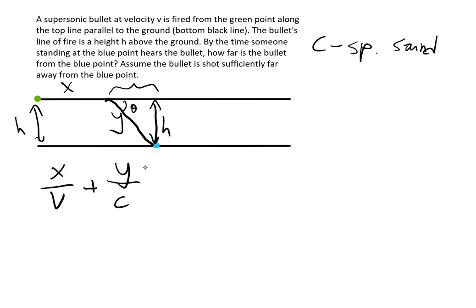And this would be the time it takes for sound to travel, given the sound emanating off of the bullet at this point x. The way to find the optimal path for time would be to differentiate this total time, dt, with respect to one of your parameters, either dx or d theta. I think d theta might be a bit easier to do.